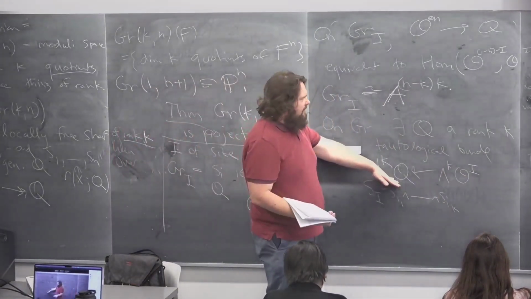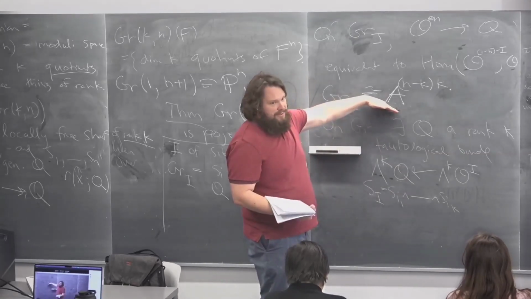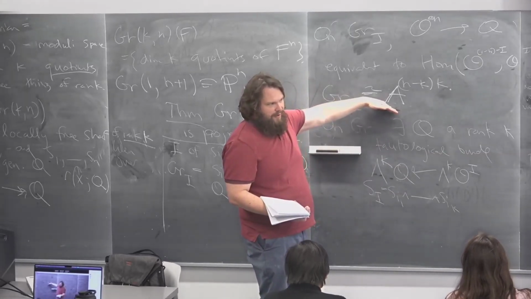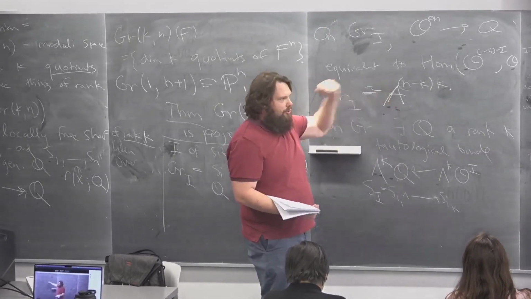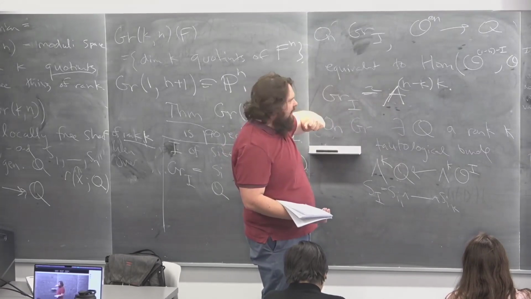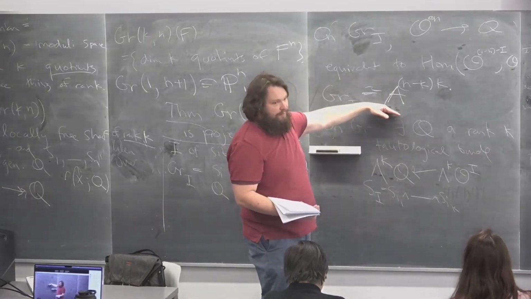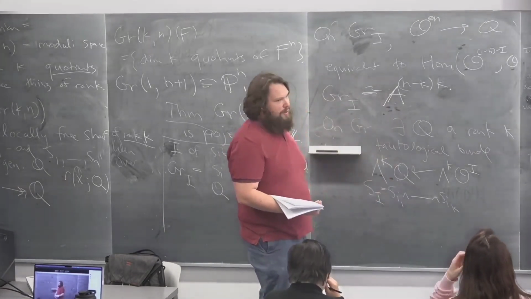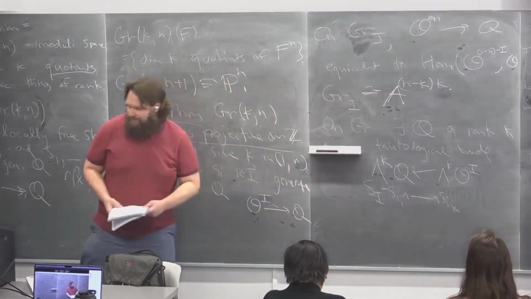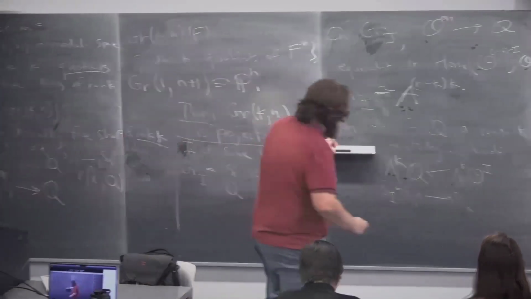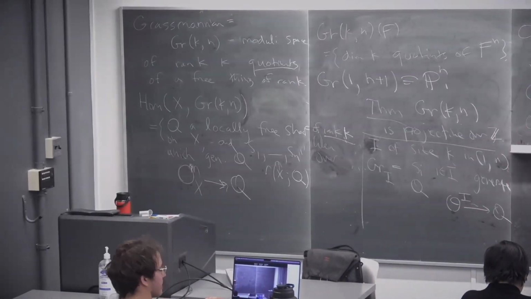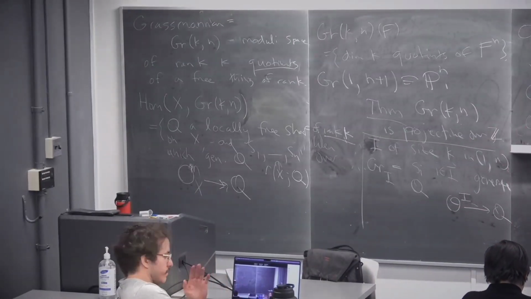So this is a section of this line bundle, and this is the open set where the section of this line bundle doesn't vanish. So I found an open cover defined by pulling out the zero sets of sections of this line bundle, and these are all affine. So that shows me why this is ample. All right, we are way out of time, so I will quit there, and we will talk about other stuff next time.